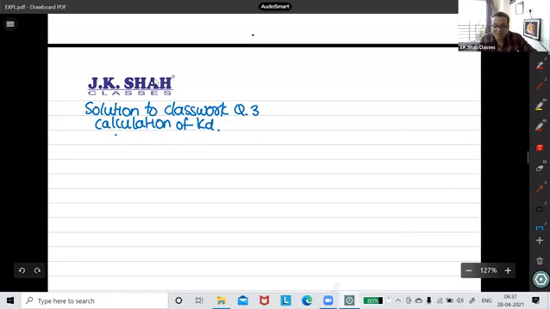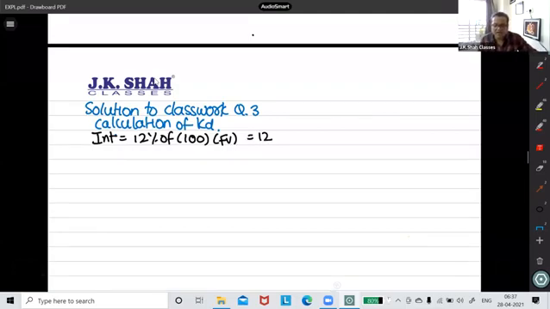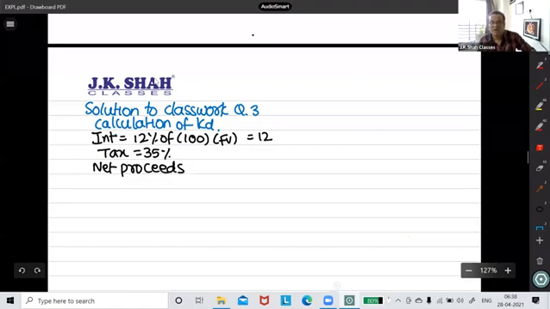Interest would be 12% of 100 face value. This is 12. Then how much is the tax rate given? 35%. Okay. How much should I take as net proceeds?